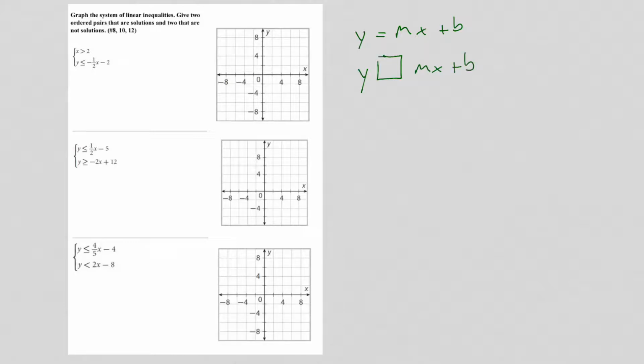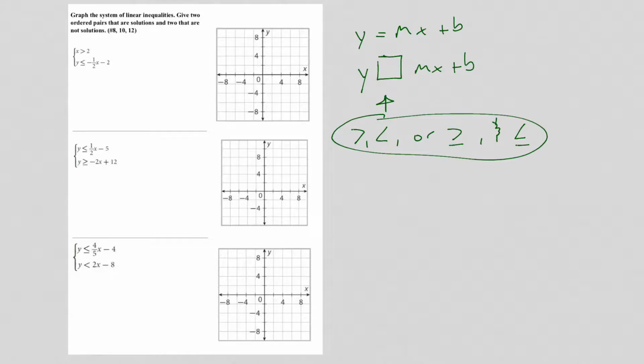And inside the box could be greater than, less than, or greater than or equal to, and less than or equal to. So you could have one of those four things there, but then everything else is the same. This m is still the slope, this b is still the y-intercept.